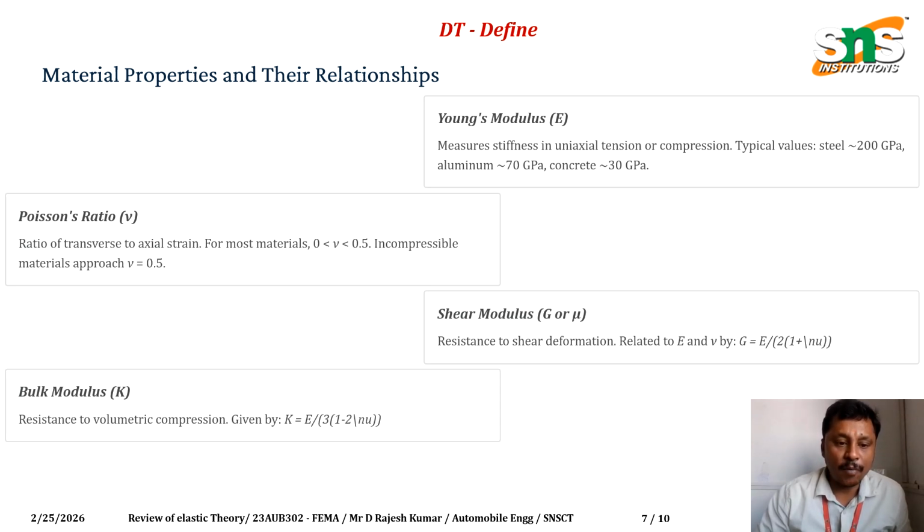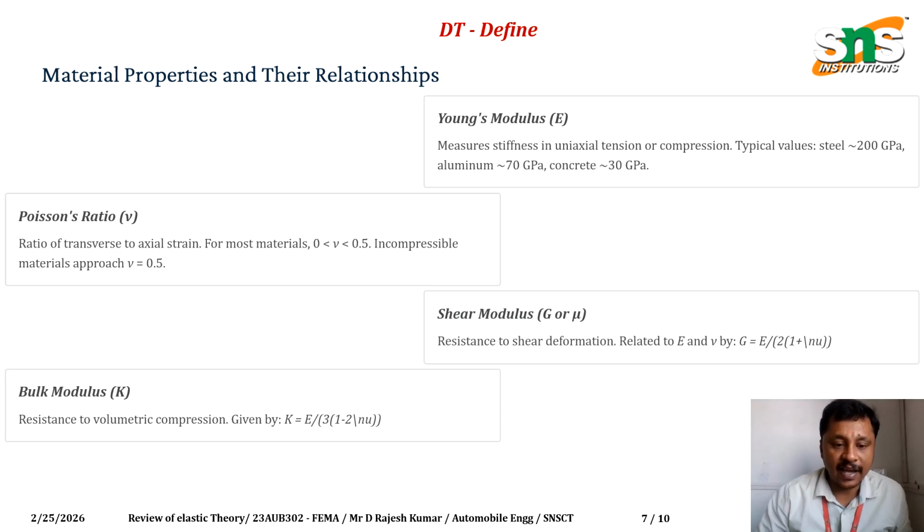Next is shear modulus. It is the resistance to shear deformation. It is mathematically related to Young's modulus and Poisson's ratio by the formula G equals E divided by 2 times (1 plus Poisson's ratio). Finally, bulk modulus. It is the resistance to volumetric compression.